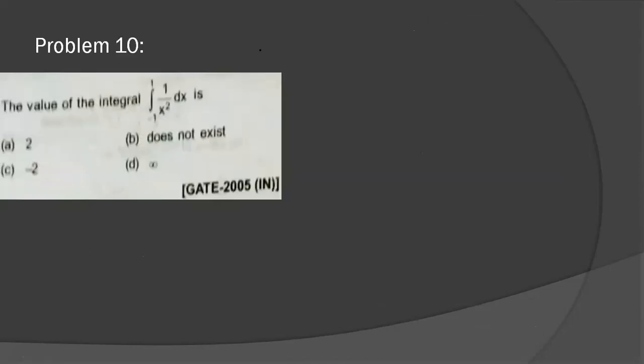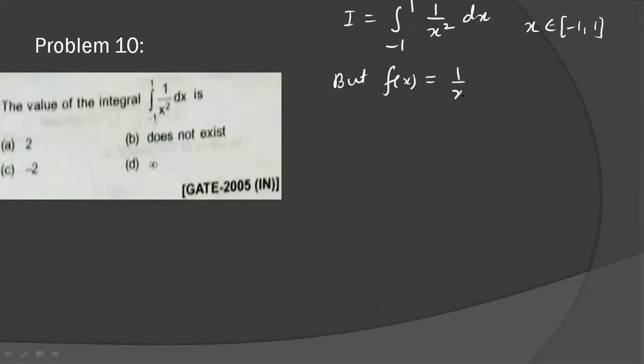The next problem is the integral from minus 1 to 1 of 1 over x square dx. So here x is between minus 1 and 1, but f(x) equal to 1 over x square is not continuous at x equal to 0.